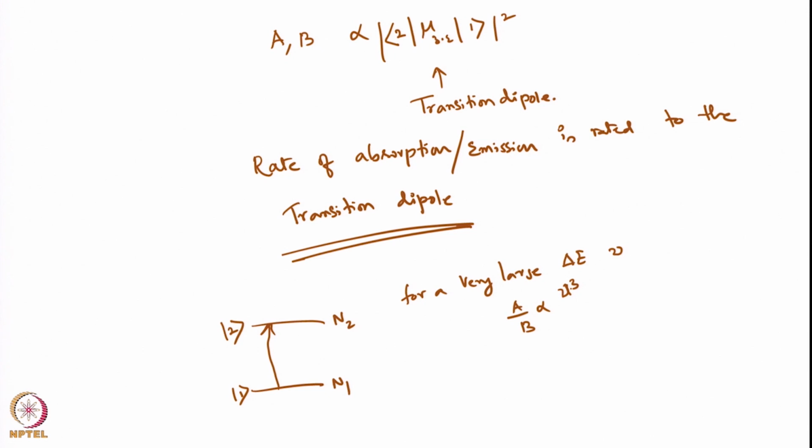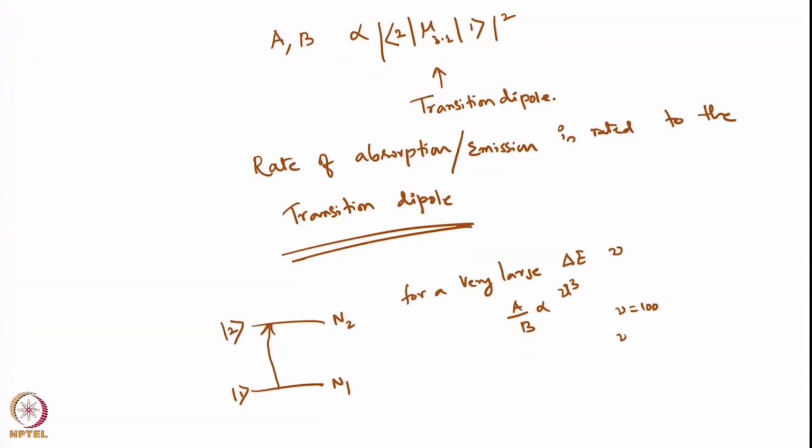That means if you have very large nu, the nu cube will be much more than the B. So, for example, let us say nu is 100. So, nu cube will be 100 cube, that will be 6 zeros, a million. Okay. So, generally nu cube is going to dominate over nu.